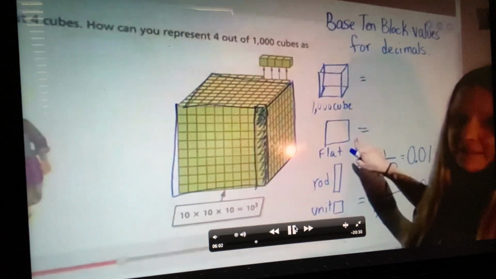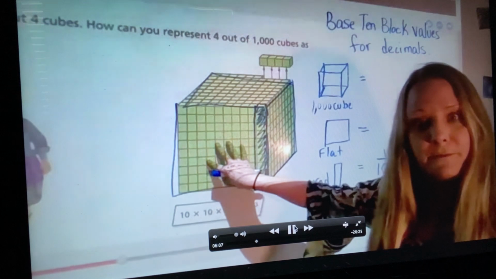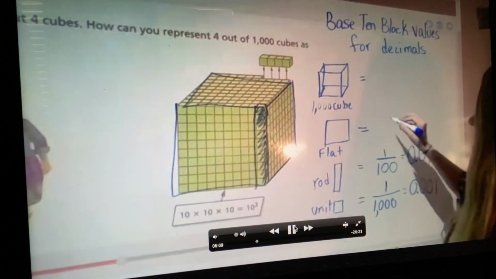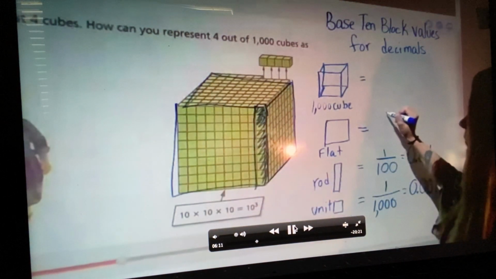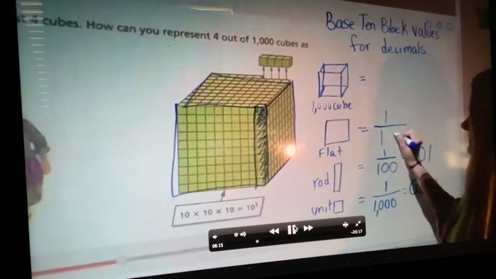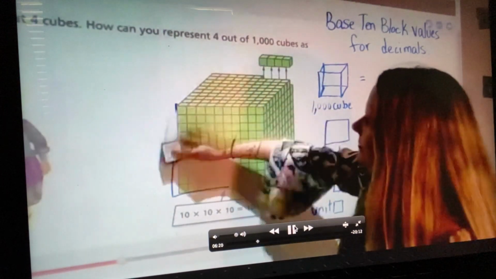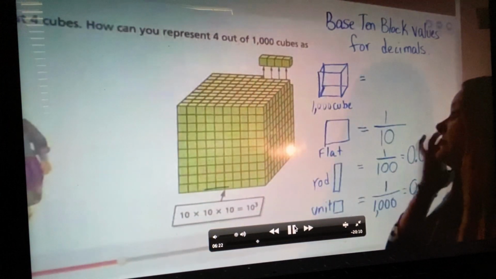How many flats would it take to make 1 whole cube? It would take 10, which is what she showed you a minute ago when she broke it up. She said there were 10 flats.